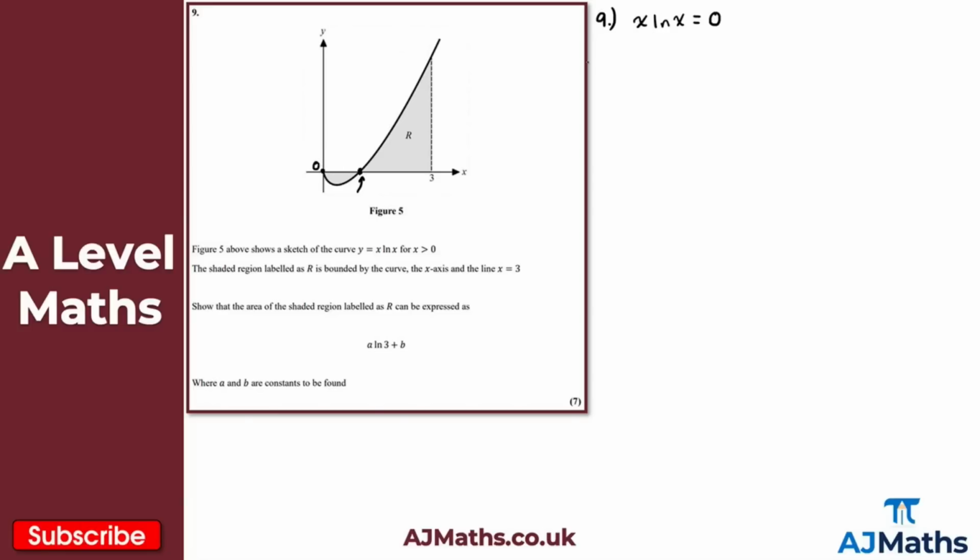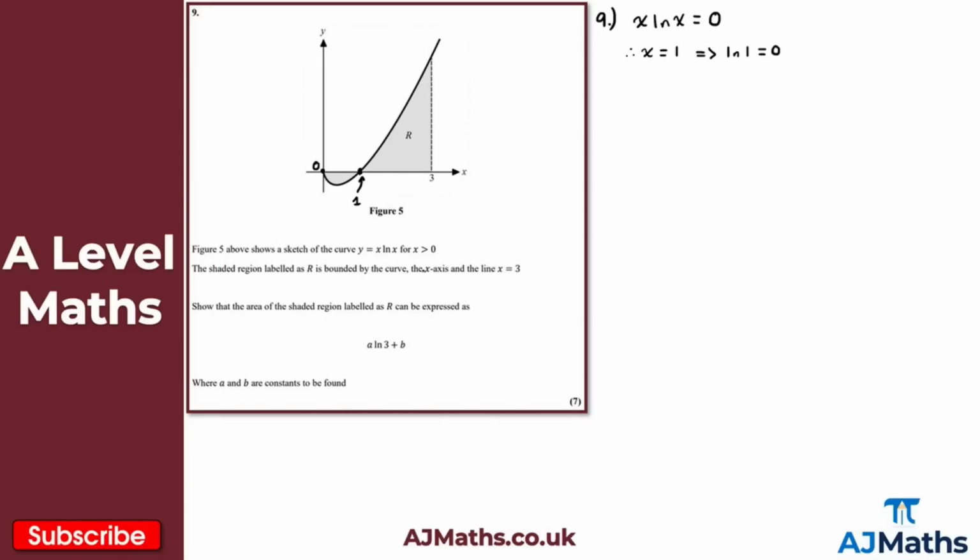Then here, well, if x is 1, ln of 1 would be 0. That would also be equal then to 0, because obviously anything times 0 is equal to 0. So x equals 1 means ln of 1 is equal to 0. So this point here is when x equals 1.